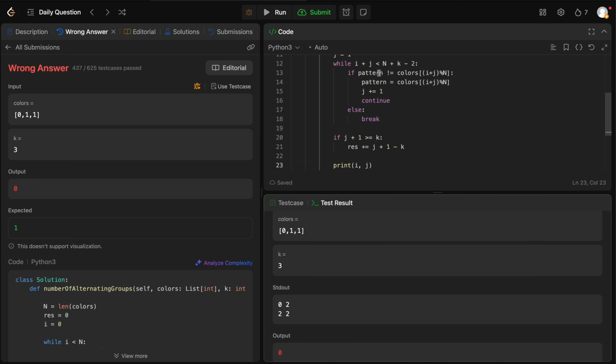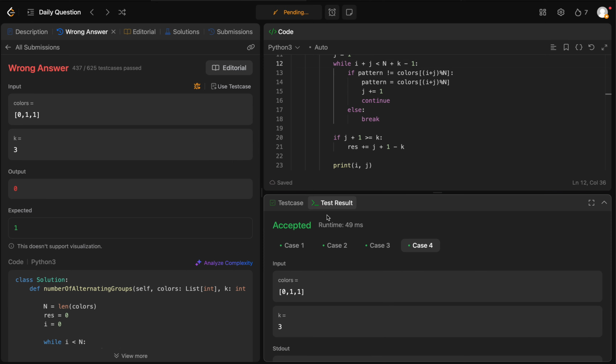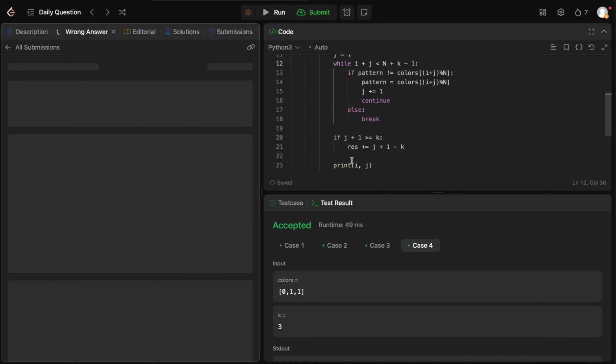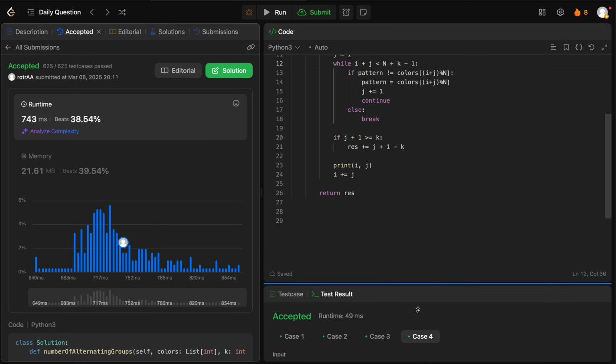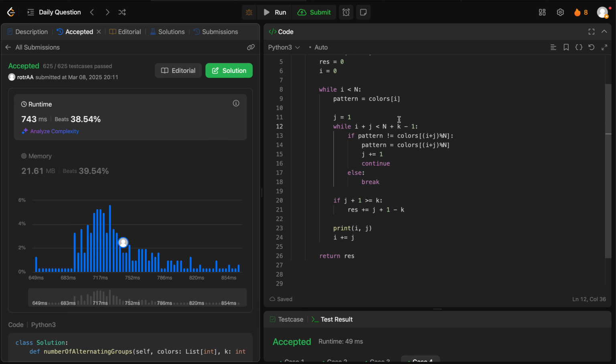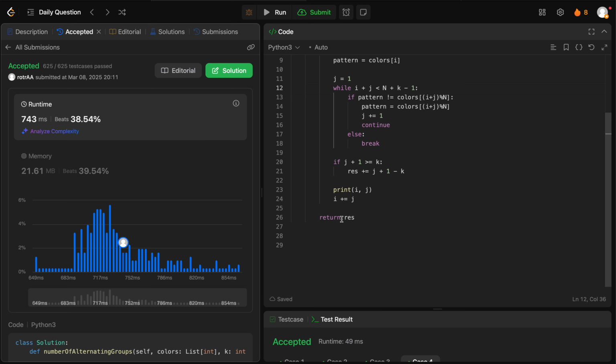I think I stopped it too early. A minus 1. Yep. I was off by 1. I was off by 1 here because it has to be less than. And if it was less or equal, then it would be good. So yeah.